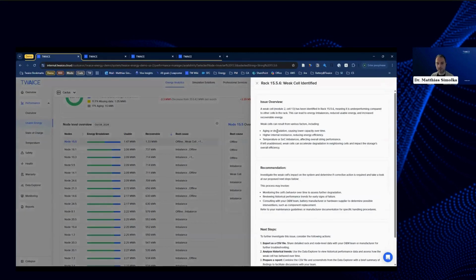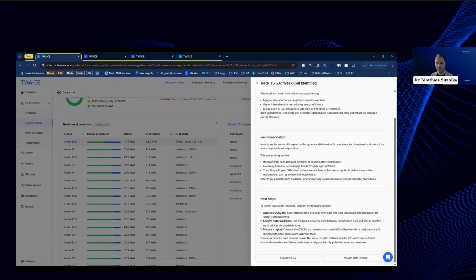And then we have weak cells. A weak cell usually has a lower capacity compared to all the other cells in the string, which is an indication for potential quality issues or accelerated aging. You get the direct indication where that is happening, so you could just go and replace the module. And you can, again, export that and send it over to your O&M team.